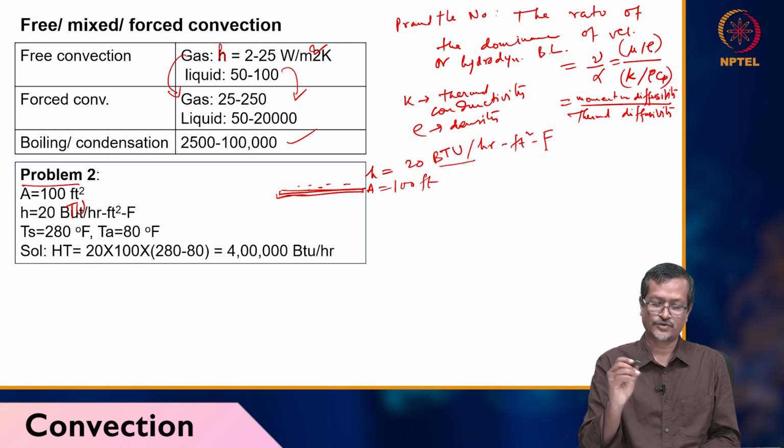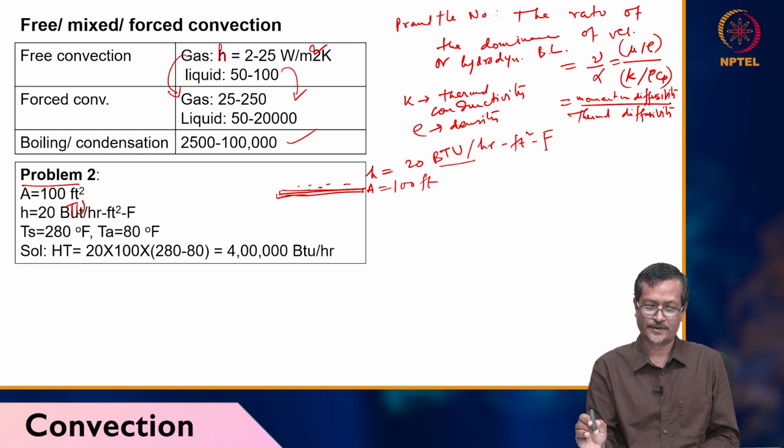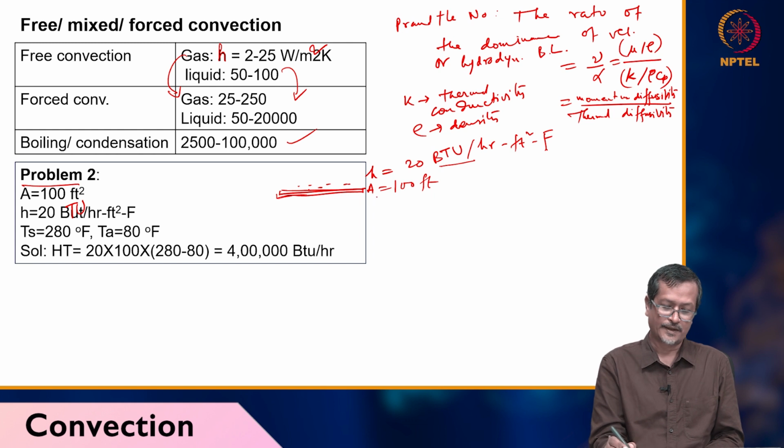So whenever you are solving any problem, you have to check whether it is BTU or kilowatt, so you do not mix up the units. If you mix them up, there will be an error in your calculation. The surface temperature is given as 280 degrees Fahrenheit, and the air temperature is given as 80 degrees Fahrenheit.